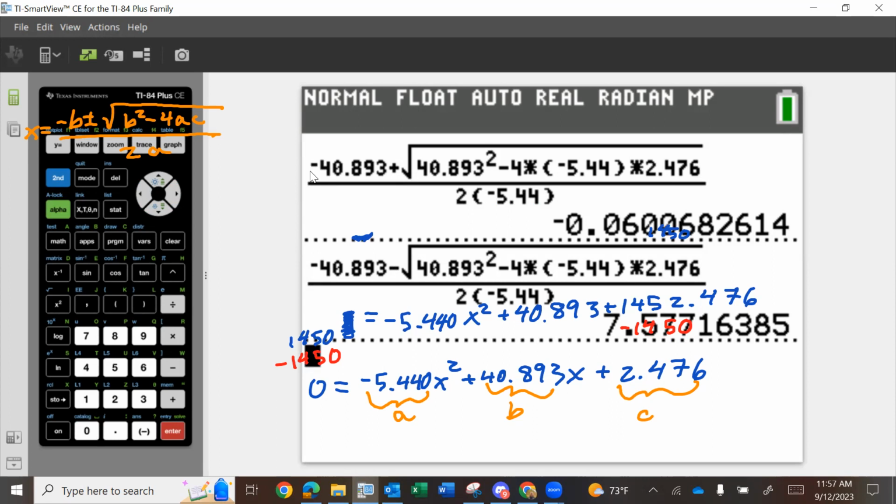Let me do a little bit of erasing here, so this is a little easier to see what we're doing. We got 2 answers. Well, that makes sense because, hang on, let me go back to the graph. Easier to see what I'm talking about.